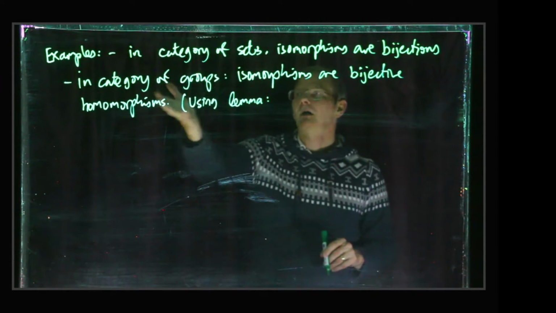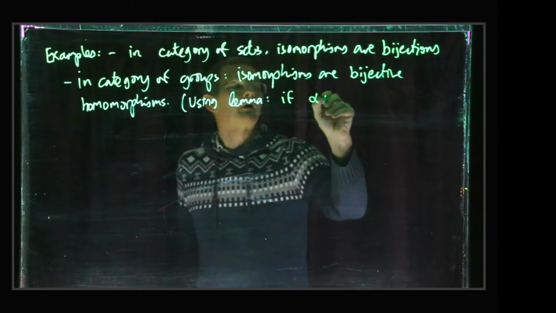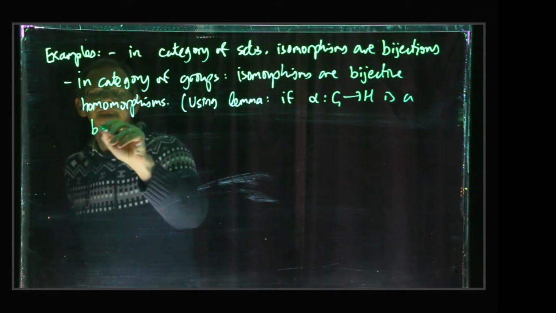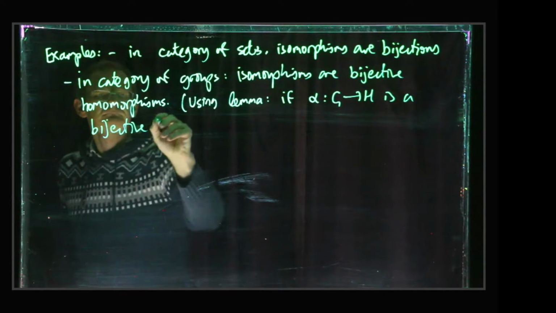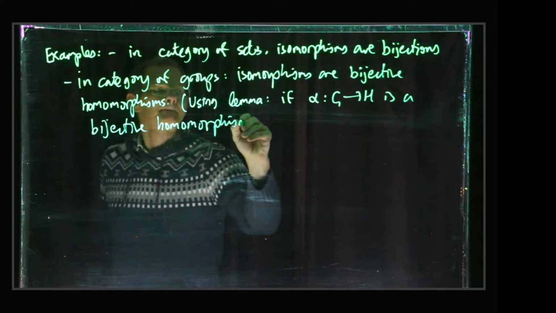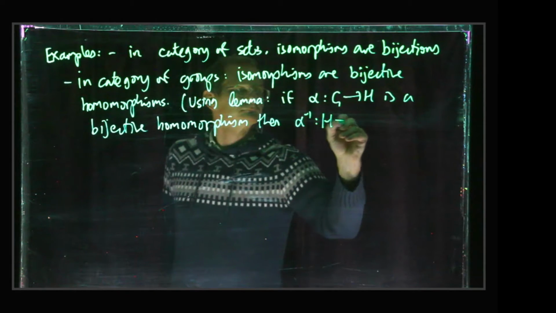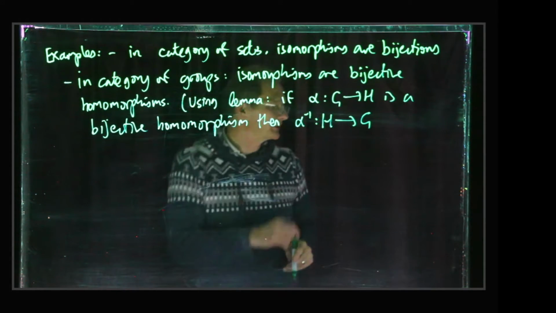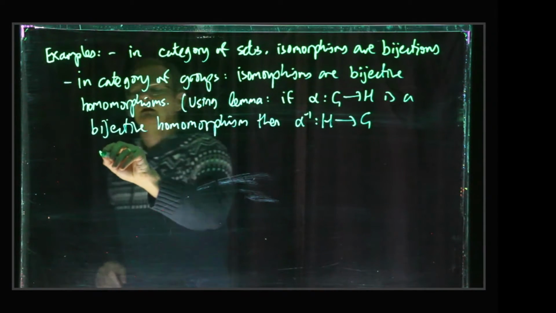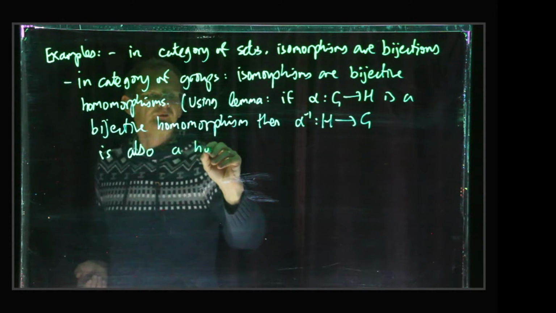There's a kind of lemma behind this fact here, and the lemma is that if, let's say, alpha from G to H is a bijective homomorphism, then because it's a bijection, you've got a function in the opposite direction, alpha inverse from H to G, and it's kind of a key point that that's also a homomorphism.